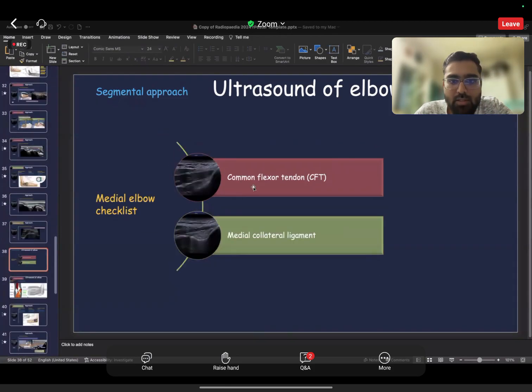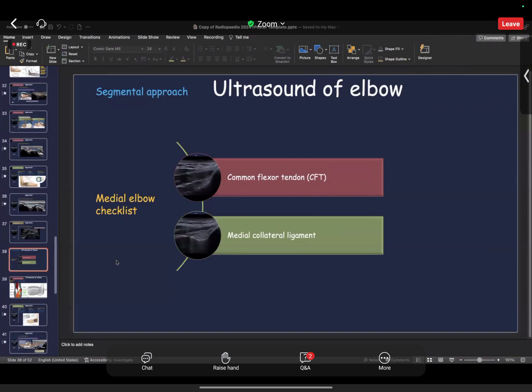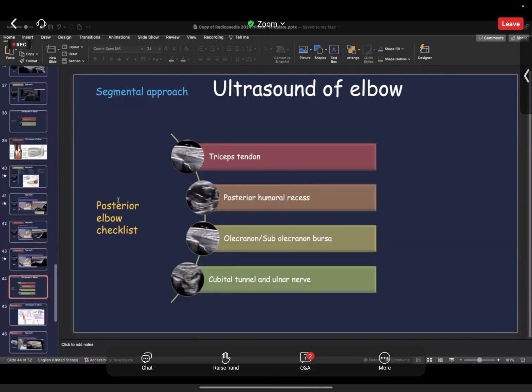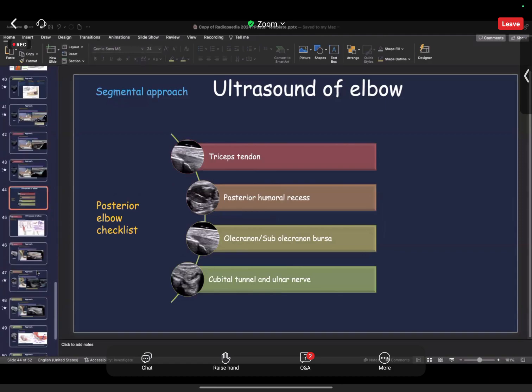Then the medial elbow checklist: the common flexor tendon and the medial collateral ligament. And the posterior elbow: the triceps, the posterior humeral recesses, olecranon bursa, and the cubital tunnel and ulnar nerve.